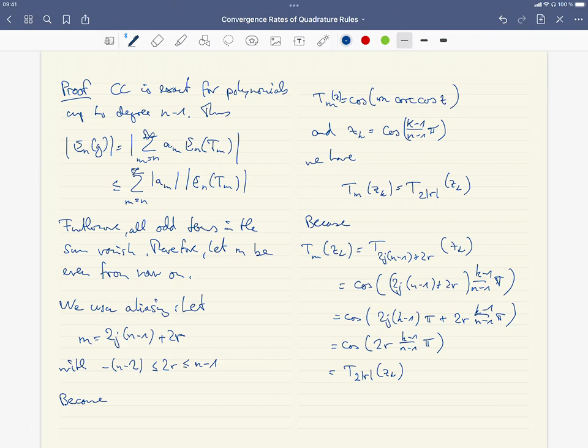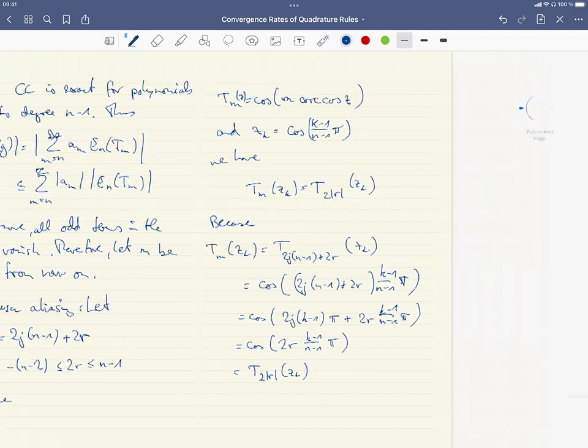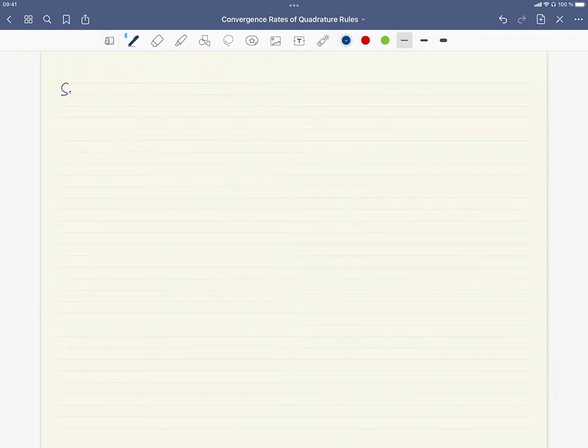Now what I can say is, since Clenshaw-Curtis is exact up to degree n minus 1, we obtain that if I take the endpoint Clenshaw-Curtis quadrature rule and apply it to T_m, this is the same as Q_CC,n applied to T_2r.